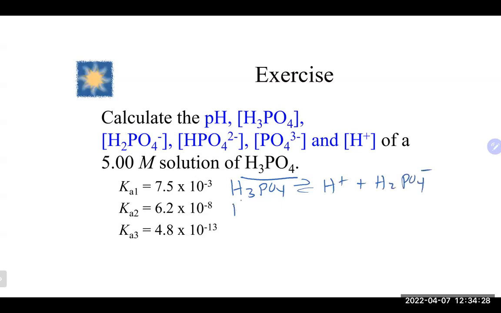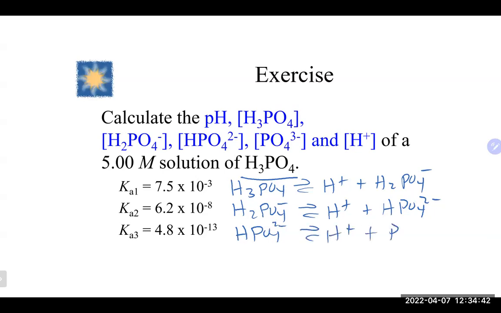This is our Ka2, which represents the second hydrogen that comes off. And lastly, our Ka3 represents our third hydrogen that comes off.